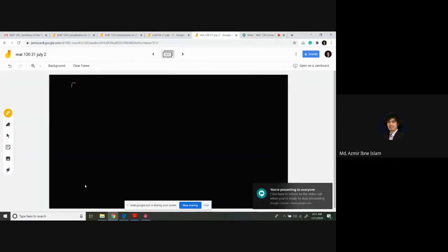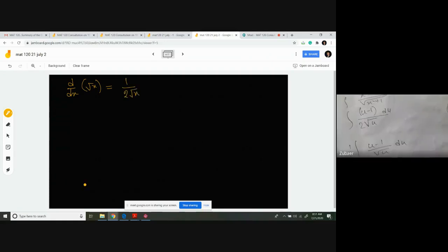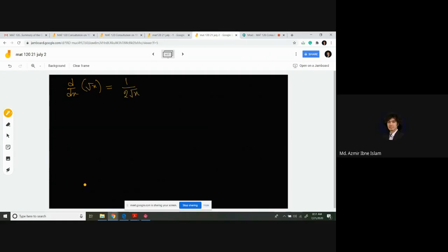You know the differentiation of, suppose you have d/dx of root x. It is 1 over 2 root x. Now if we have d/dx of root over x squared plus 1, we can apply the chain rule.